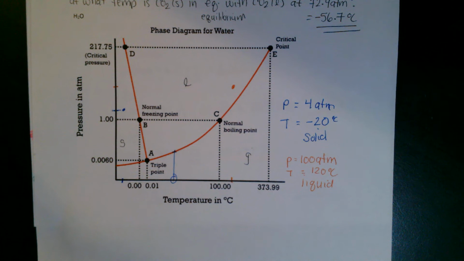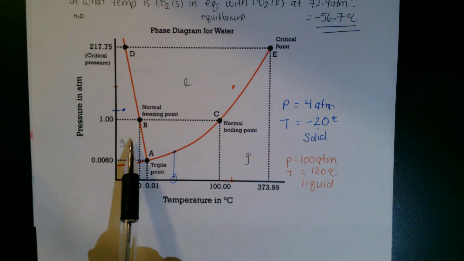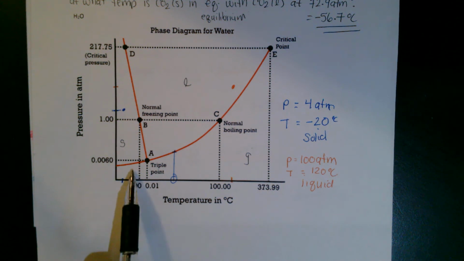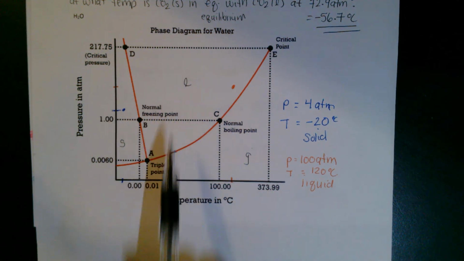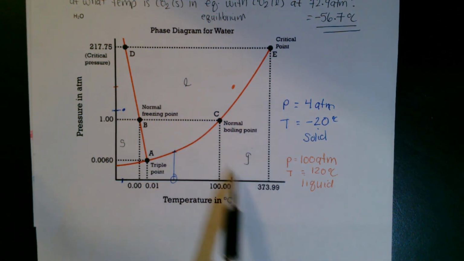So again, we're reading this the same way that we did up here. You just use your X and Y coordinates and figure out which phase it's going to be in. Again, our solids are the low temperatures, high pressures, liquids, intermediate, gases, high temperatures, low pressures.